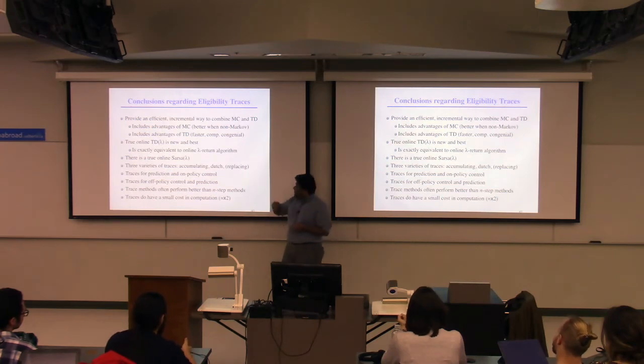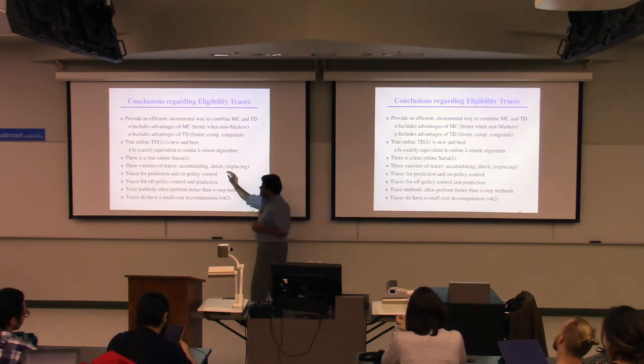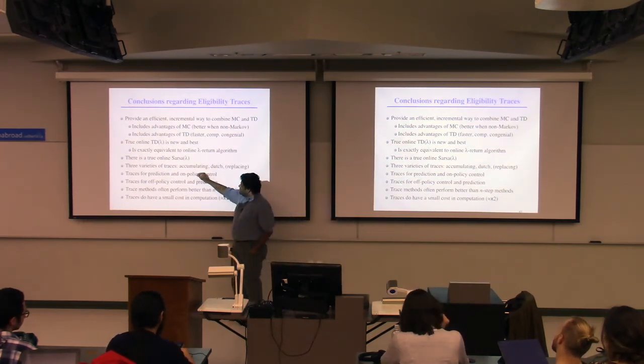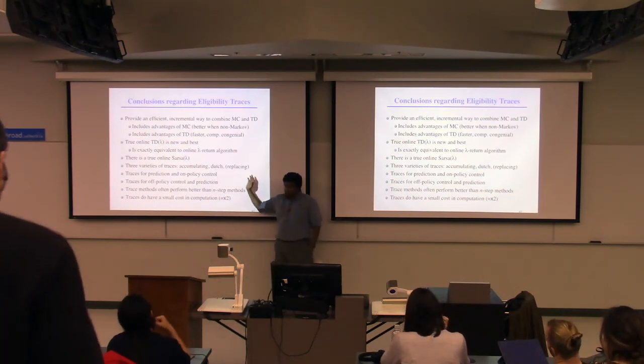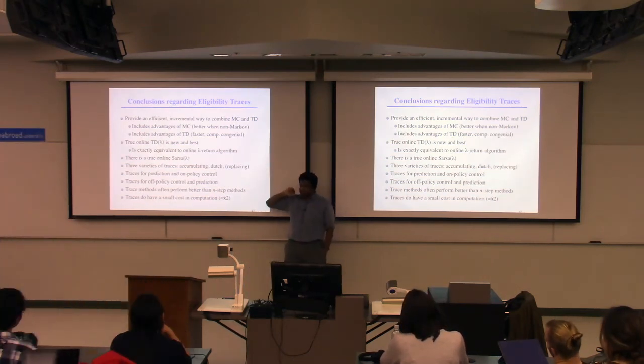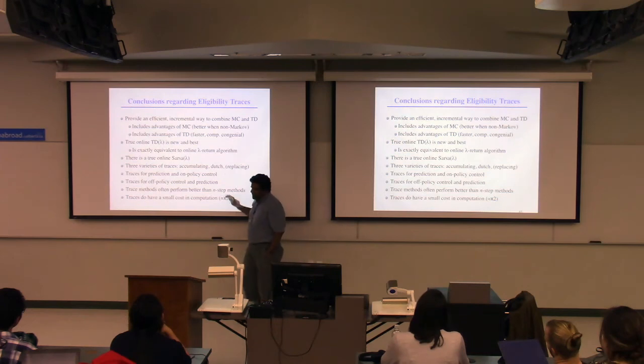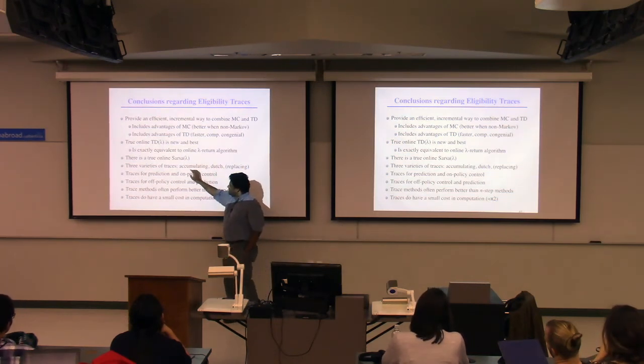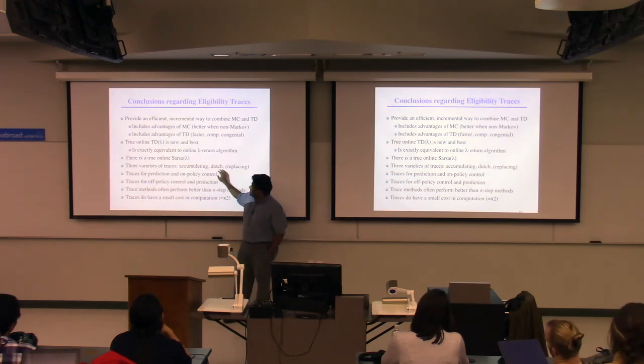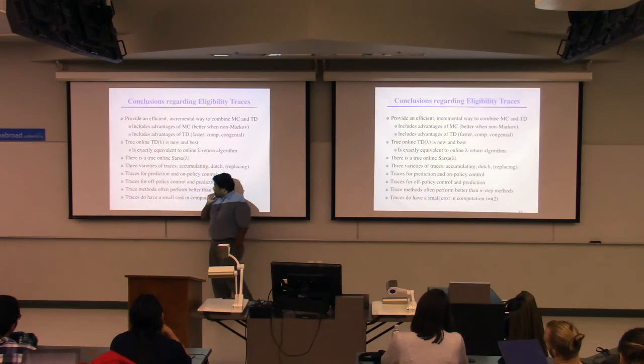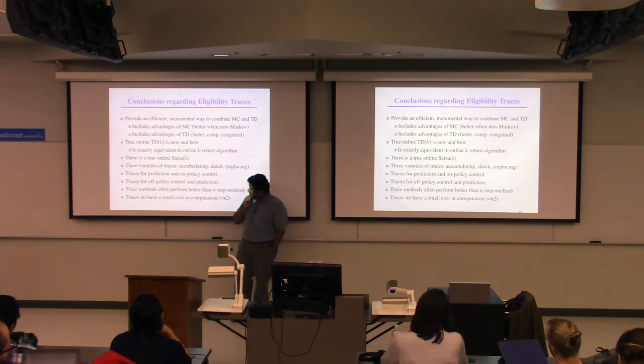We saw three kinds of traces in the conventional sense: accumulating, Dutch, and replacing. And in some sense, replacing is being thrown out. But there are certain situations where you might still want it, but by default, you'd go with one of these two, and perhaps the preference is Dutch. You saw traces for prediction and on-policy control.